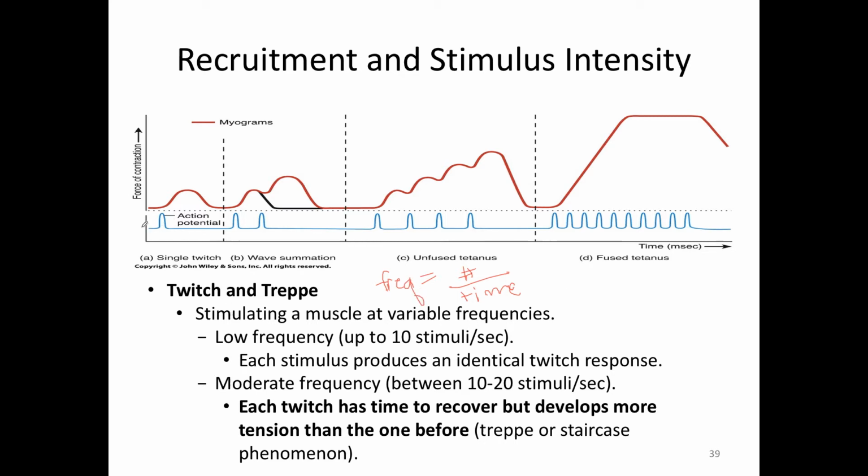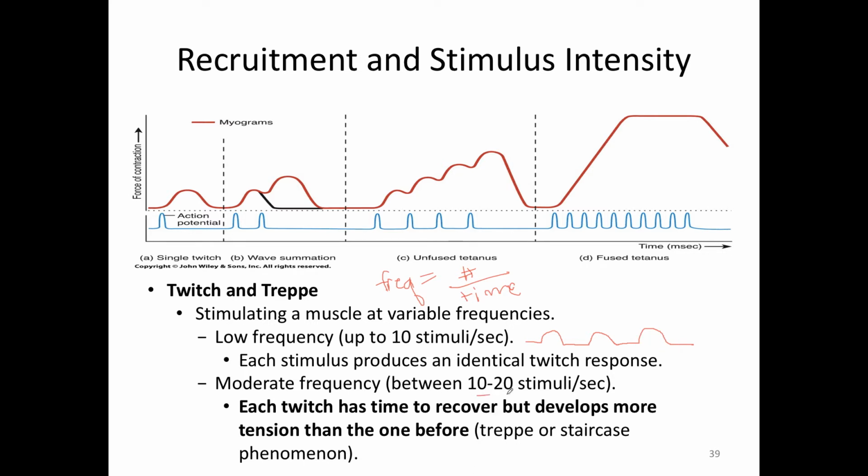So if you ping the muscle with one action potential and then stop, it's going to generate some force and then relax. At low frequencies, up to 10 stimuli per second, each stimulus produces an identical twitch response. So you're going to have twitch, and then twitch, and then twitch.